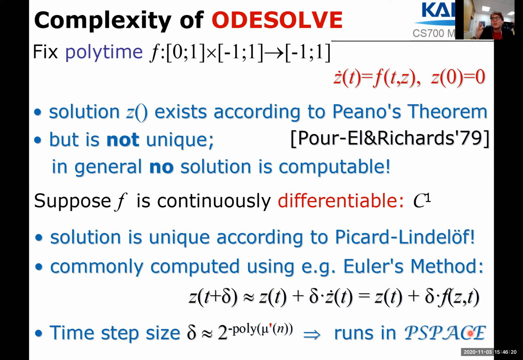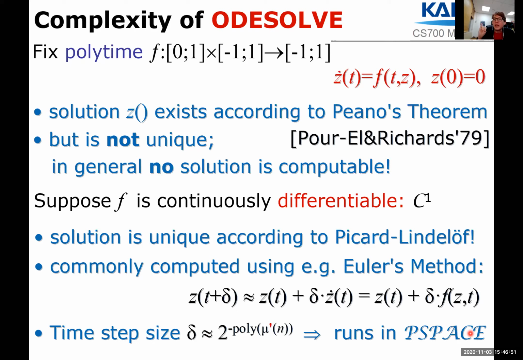And our fourth numerical problem was maximization, which we saw computable in polynomial time, provided that P is equal to NP, decision problems. And finally, we talked about the complexity of solving ordinary differential equations under this additional stronger hypothesis that the right-hand side must be continuously differentiable, which is important to guarantee uniqueness.